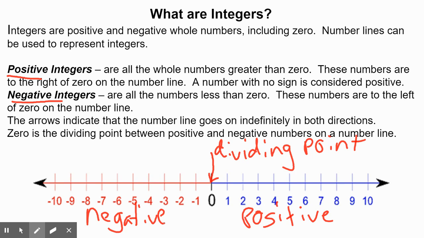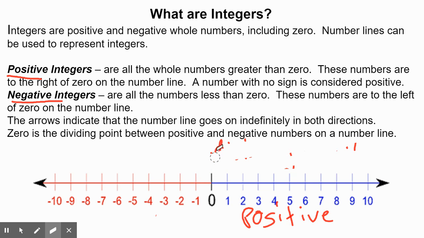Something I want you to notice is what's happening with our numbers going to the left. If you said it looks like they're going backwards, you are correct, okay? It's backwards compared to our positives, and that's going to be something we are going to want to remember.